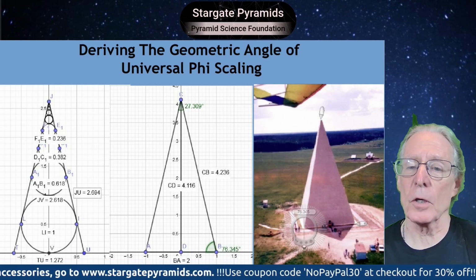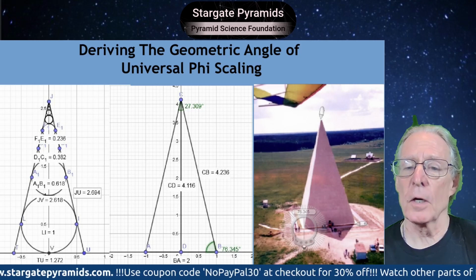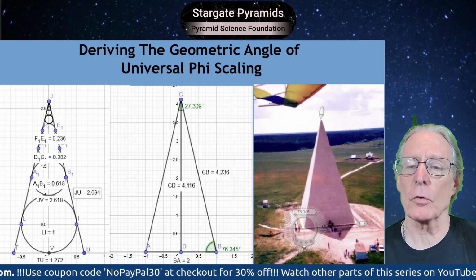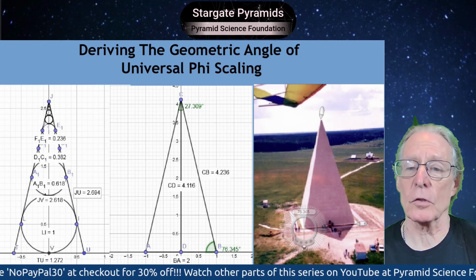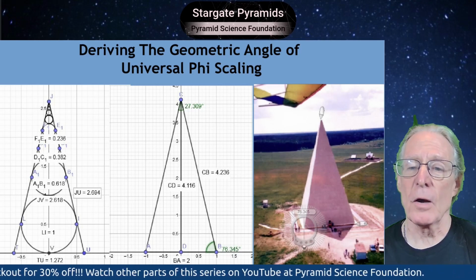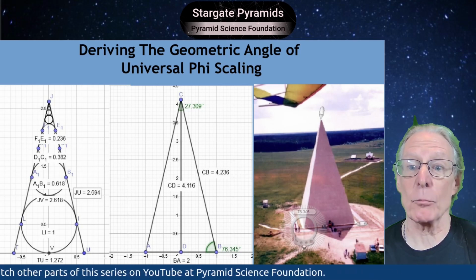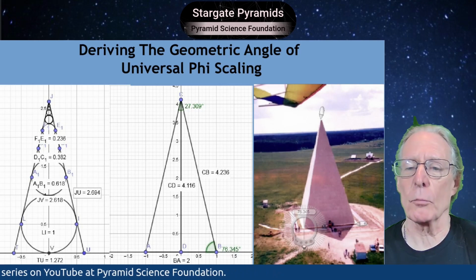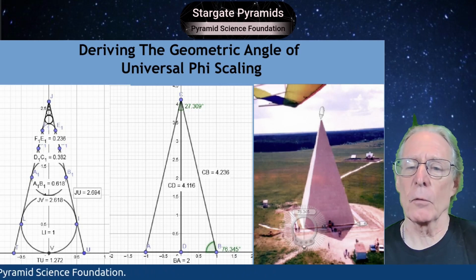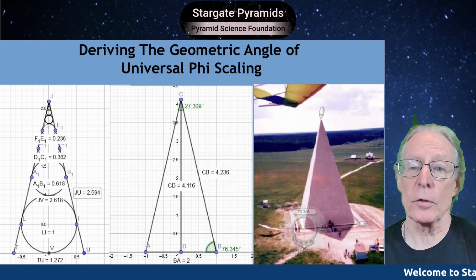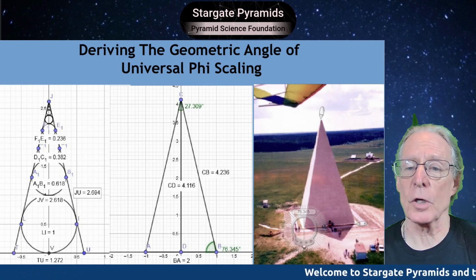But what we did was we measured and found that the geometry was very, very close to 76.345. You actually can't measure that precisely with a protractor app, but we had a very good idea, within a hundredth of a degree or so, that this was the right geometry.